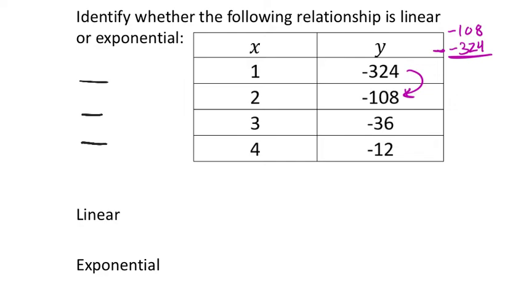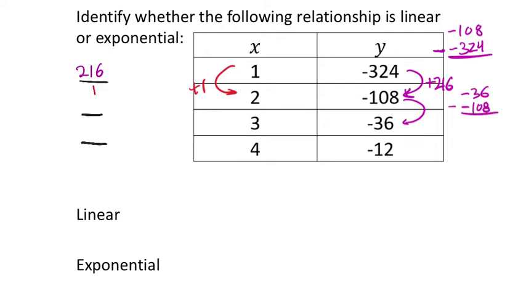So in my calculator, negative 108 minus negative 324, enter, and it says, hey, that went up 216 right there. Okay, so that's my numerator, 216, when the x value just goes to the right one. So it's a 216 to 1 ratio. And then from negative 108 to negative 36, again, take the second value, negative 36, and subtract the first one, negative 108.